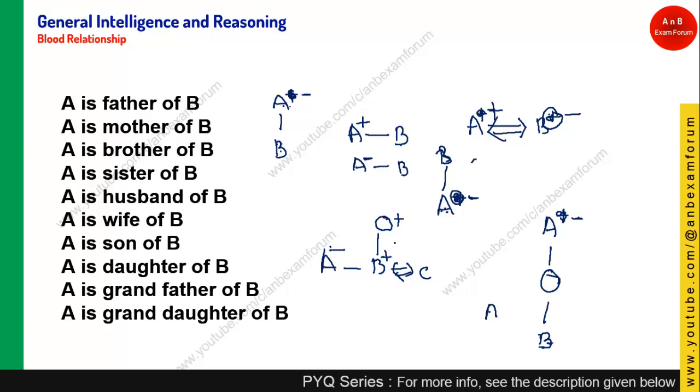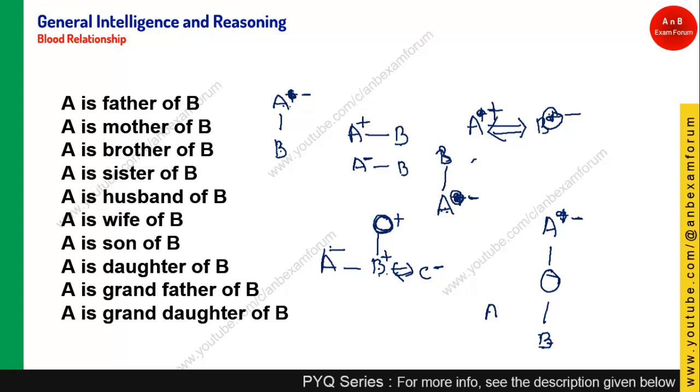So what does this represent? If you see A and B, A is sister, B is brother, and the brother is married to C, so C will become negative. This we have deduced; it is not directly given in the question. After that, this is an unknown person, and the unknown person is male. What is the relationship between this unknown person and B?